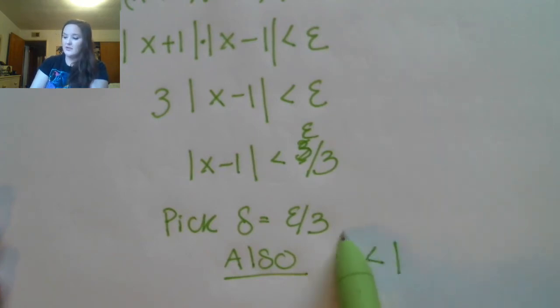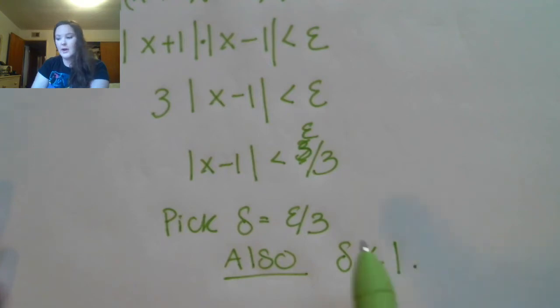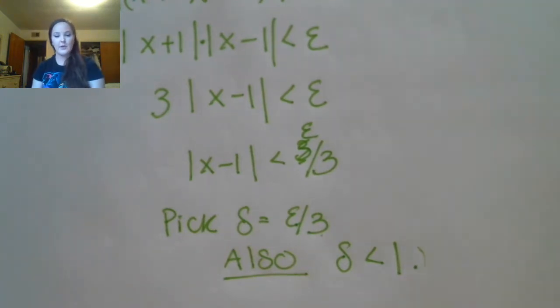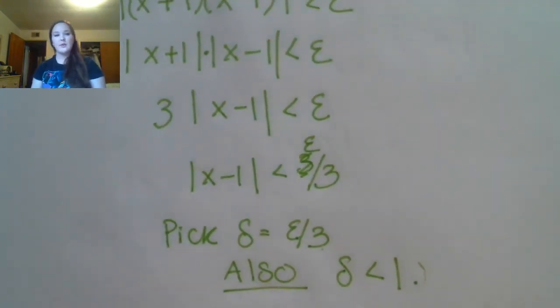Most of the time this will naturally occur, because epsilon is a small number, so when you divide it by 3, you're going to hope it's less than 1. But we do need to say this just in case epsilon isn't less than 3, for example. Now that we've gotten some stipulations about our delta, let's look at our actual proof.